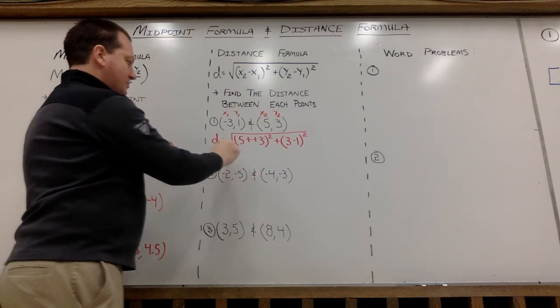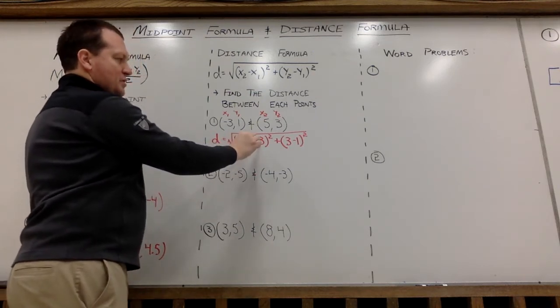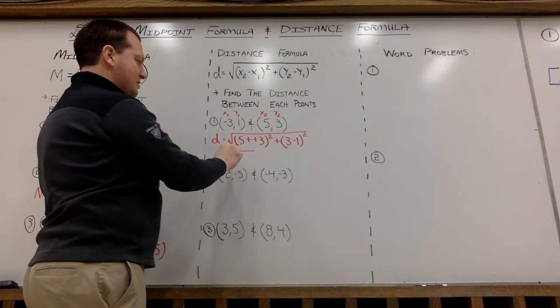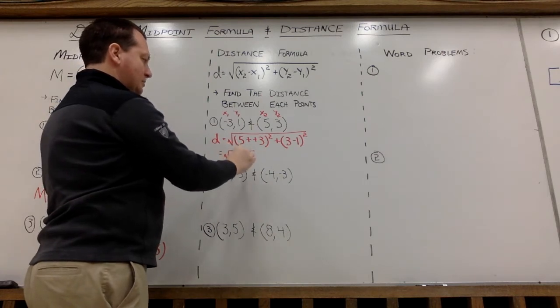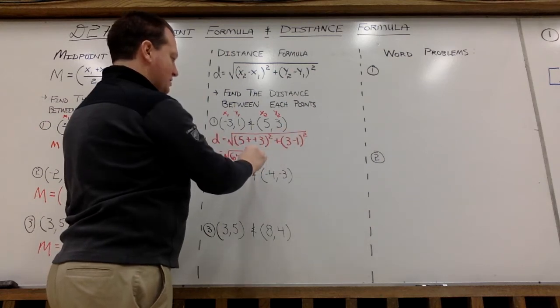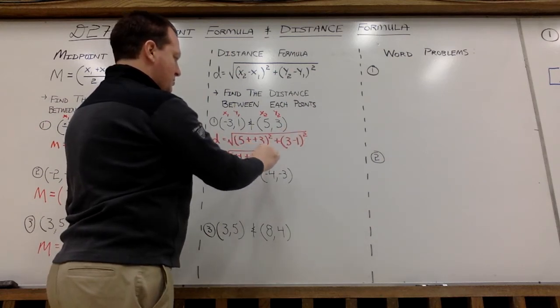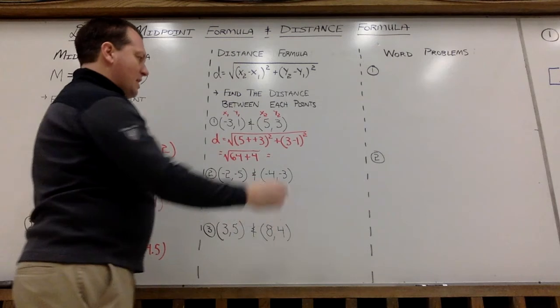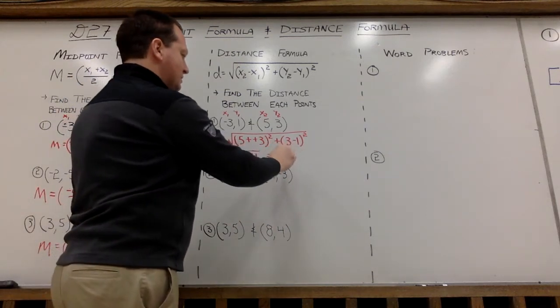Simplifying, I'll have 5 plus 3 is 8. 8 squared is 64. Plus 3 minus 1 is 2. 2 squared is 4. So 64 plus 4 will have square root of 68.